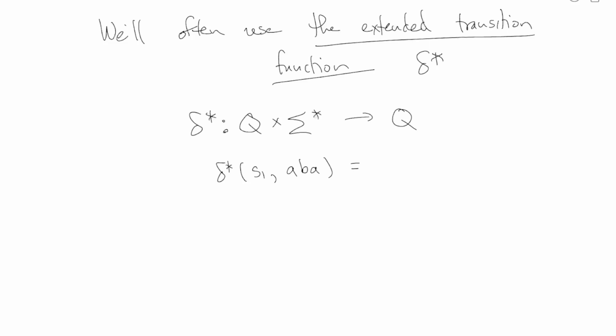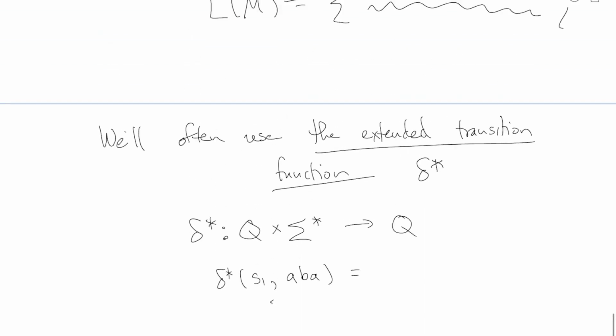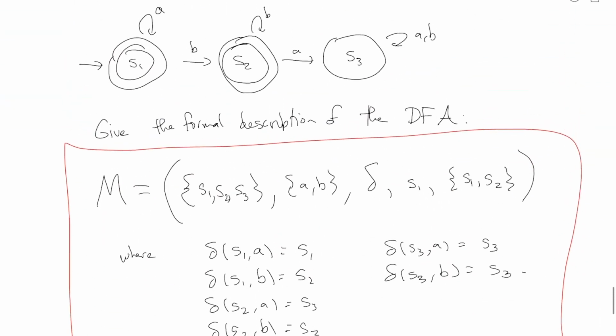It works the same as the ordinary delta, but it takes a whole string as its second coordinate rather than just a letter. And then what does this mean? It has the same meaning though. It means if I start in state S1, and then I follow arrows for A, followed by B, followed by A, then what is the state that I end up in? Can anyone still see the diagram? If I start in S1 and I do A, B, A, where do I end up?